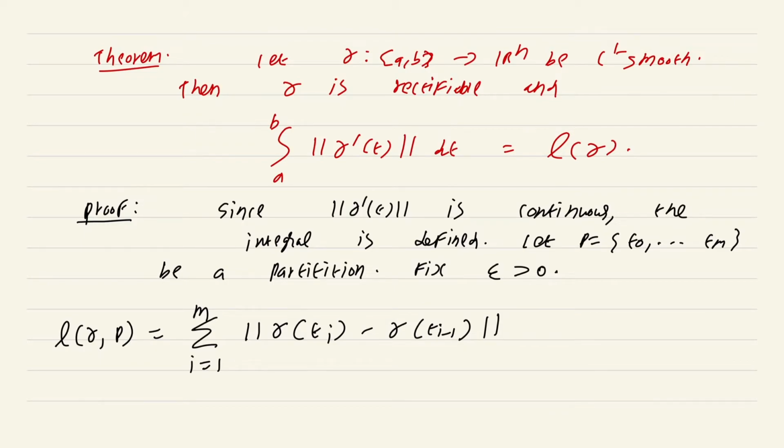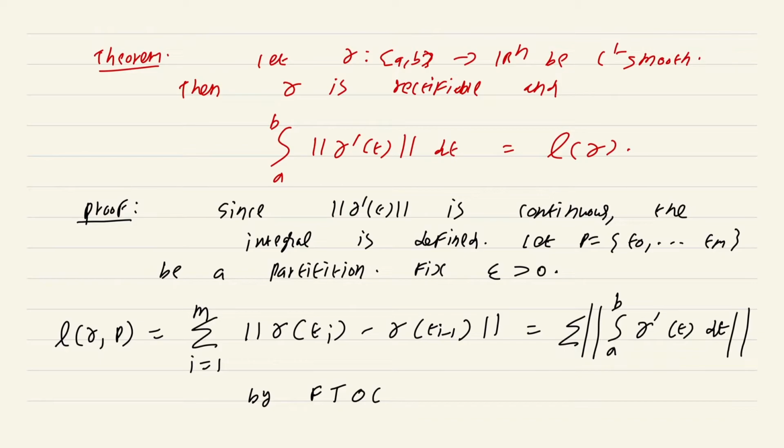You can check that a trivial application of the fundamental theorem of calculus will tell you that this is the summation of the norm of the integral of gamma prime of t dt, over ti minus 1 to ti. This just follows by applying the fundamental theorem of calculus (FTOC) to each coordinate separately. Now we can take the norm inside the integral.